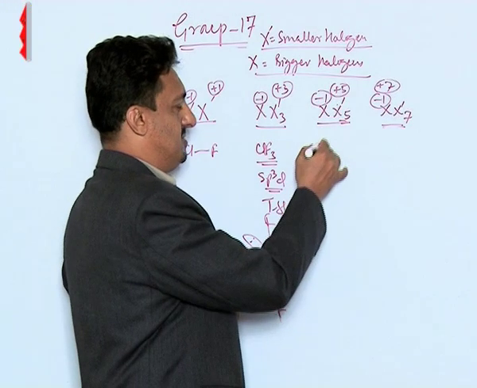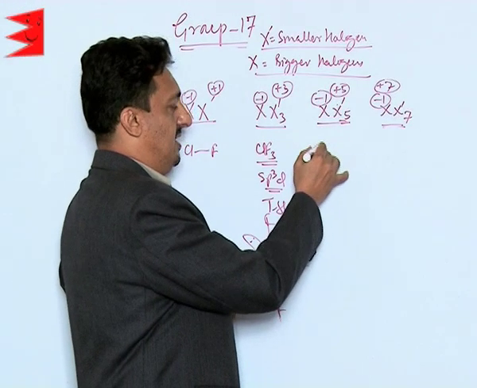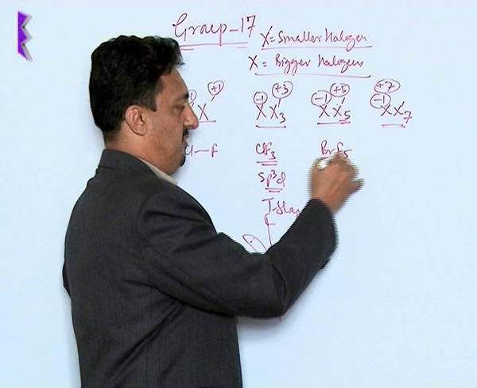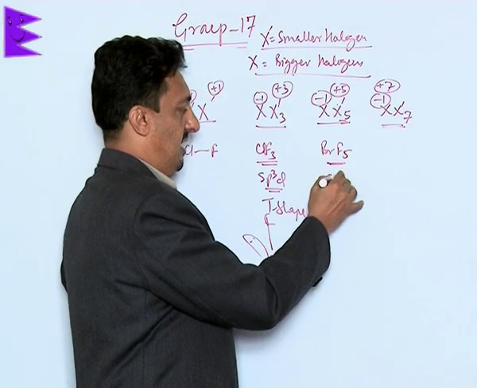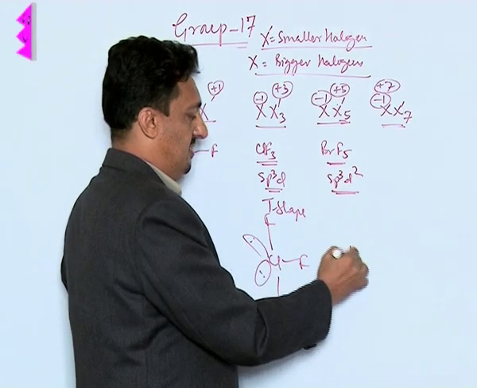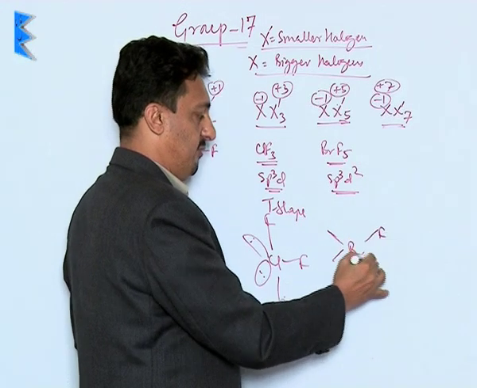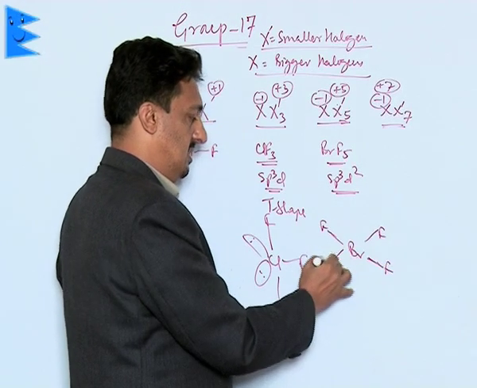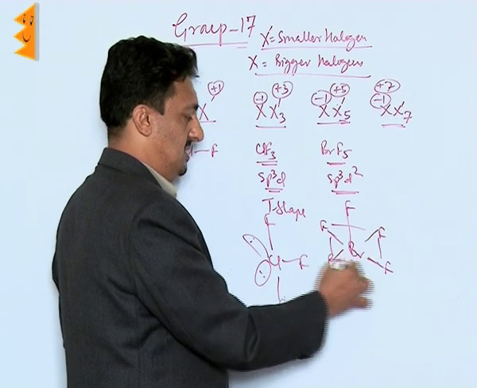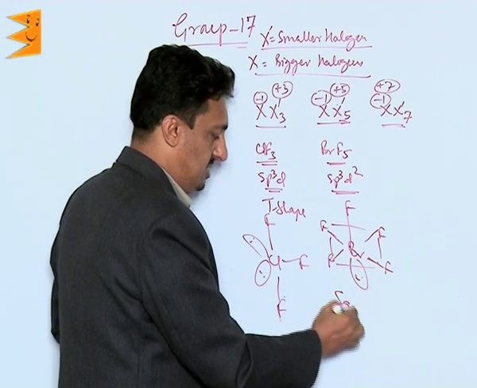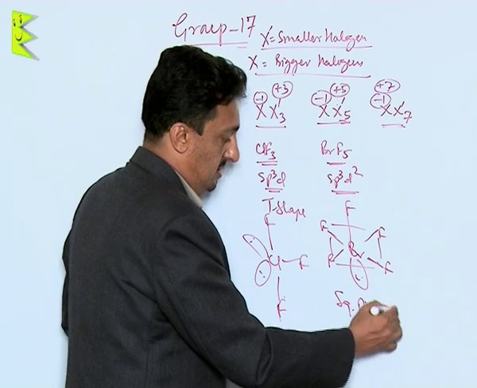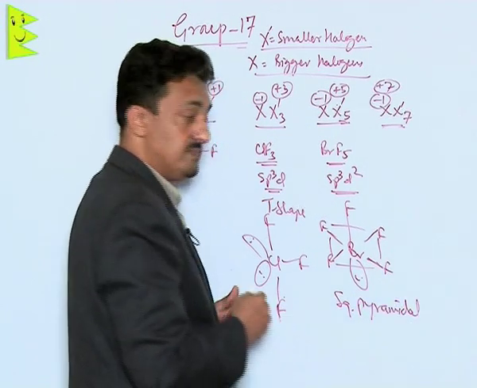Now when we are talking about XX'5, like BrF5, these are sp3d2 hybridized with bromine here, and 4 fluorines at the equatorial positions, 1 at axial, and a lone pair here. So the shape is called square pyramidal.